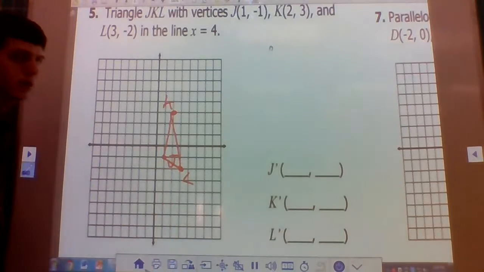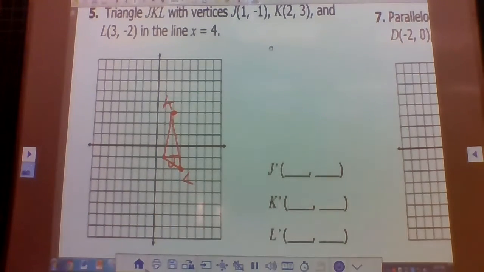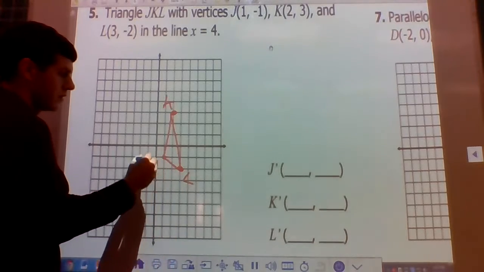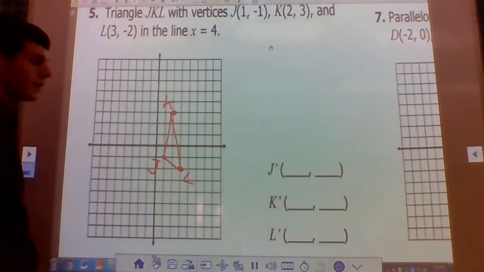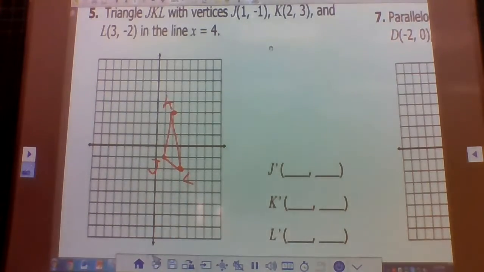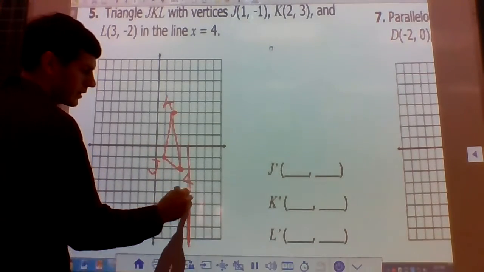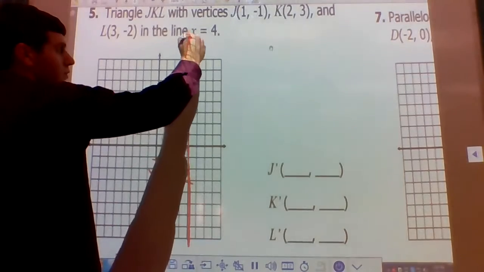Okay, so there's our triangle. We want to reflect this over the line x equals 4. So x equals 4 is a vertical line at 4. So we go to 1, 2, 3, 4 on the x-axis, and we draw in the line x equals 4.